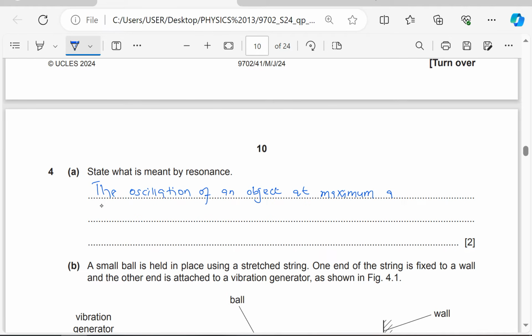Of course, when an object undergoes resonance, it absorbs maximum energy and vibrates with the maximum amplitude. So the oscillation of an object at maximum amplitude.